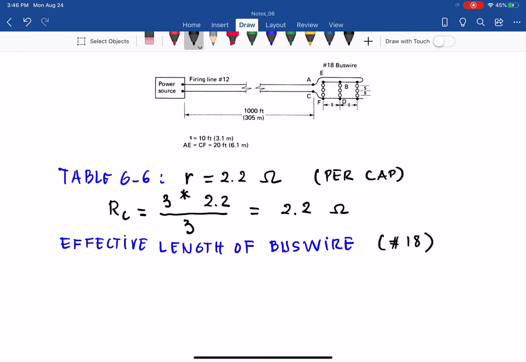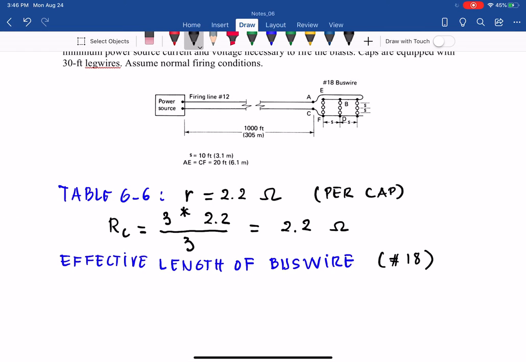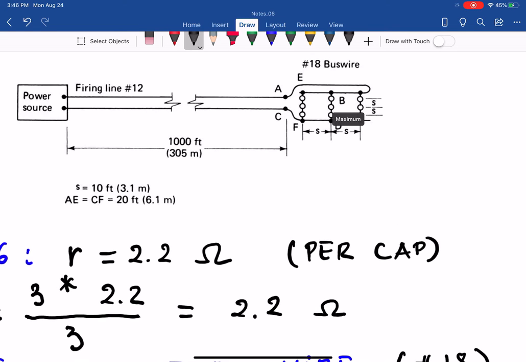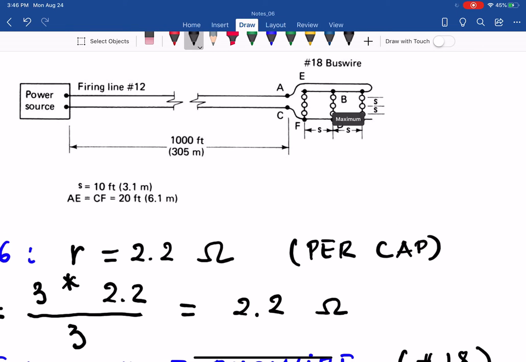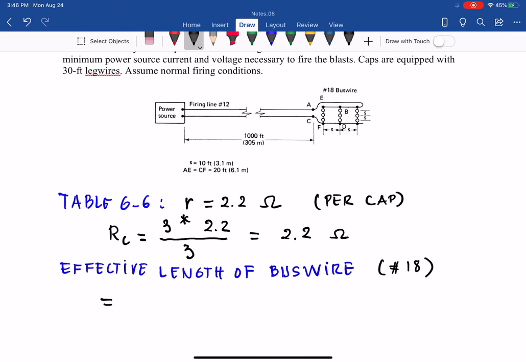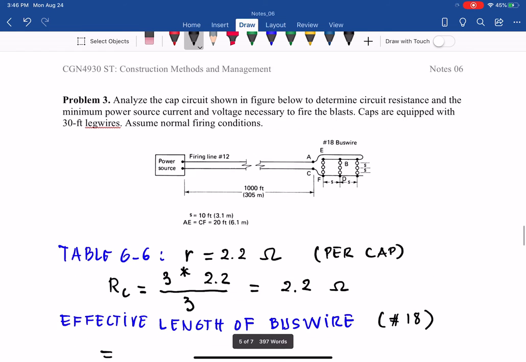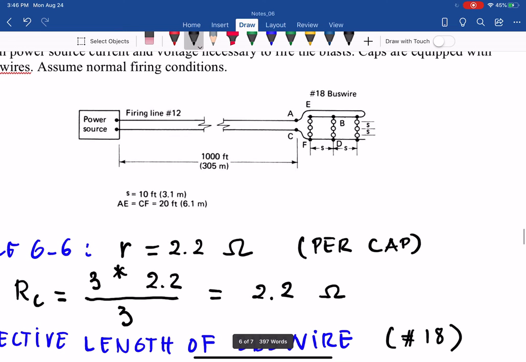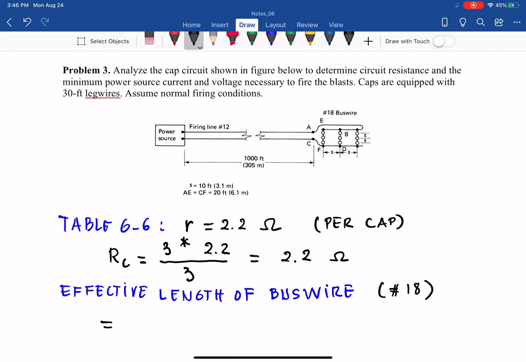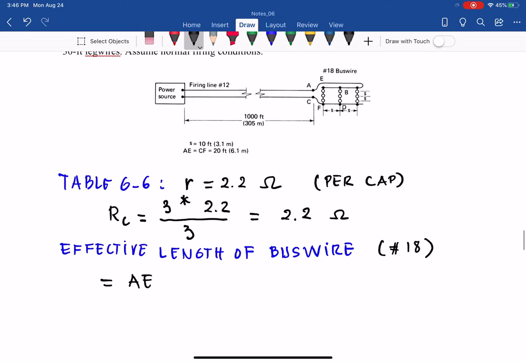So we can have the resistance. But before that, we determine the effective length, so let's go here for the bus wire. You can see from the geometry here, we have AE given, AE equal to 20 feet. Then we have each spacing S, so we have 4S, the top 2 S's and the bottom 2 S's, plus CF, that is the bus wire. So it equals AE plus 4S plus CF.